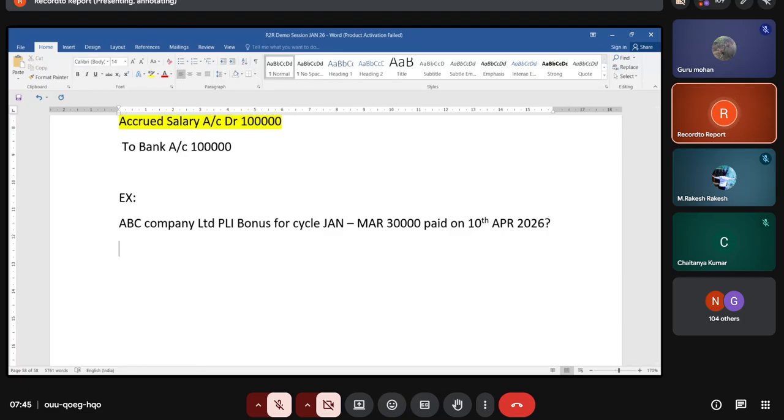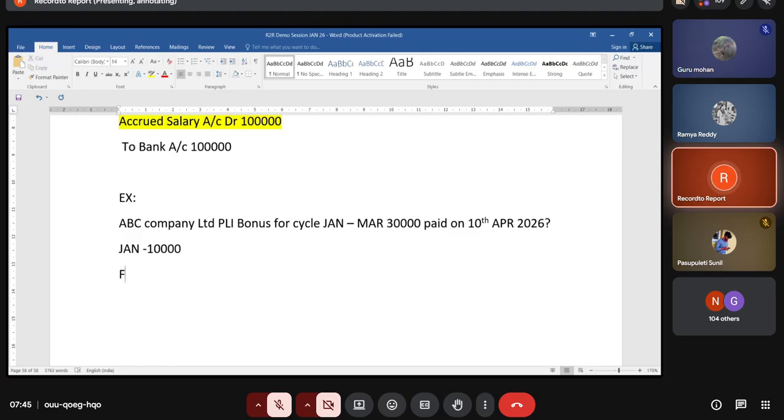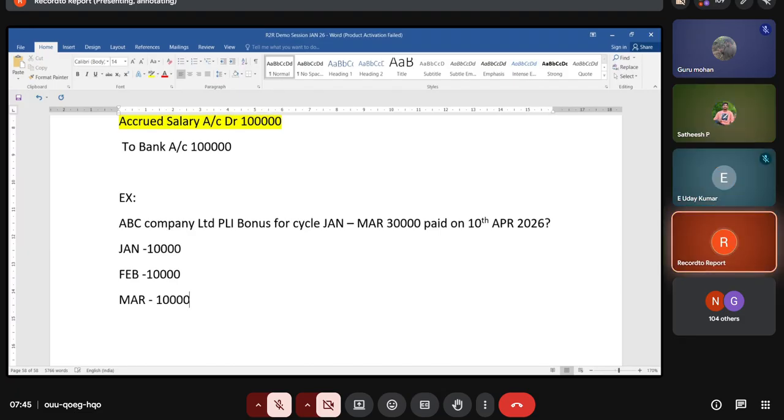I'm just giving 30,000 as an example; in real time the amount changes according to the number of employees and days worked, per bonus validations. It is 3 months: January 10,000, February 10,000, and March 10,000. They're paying in the month of April.